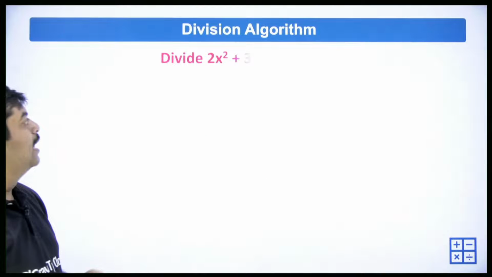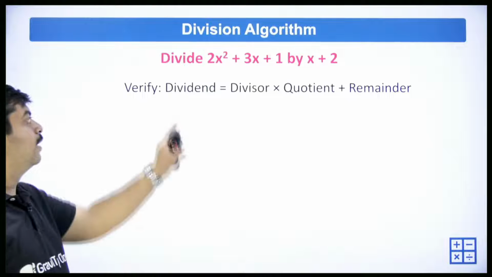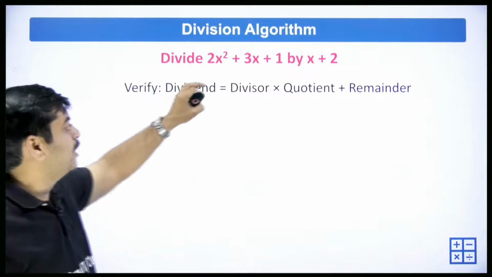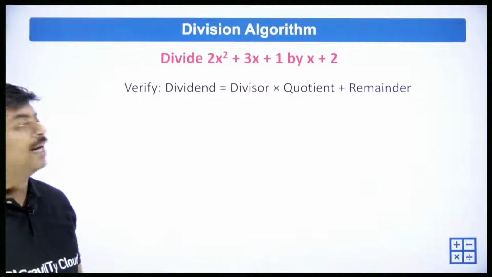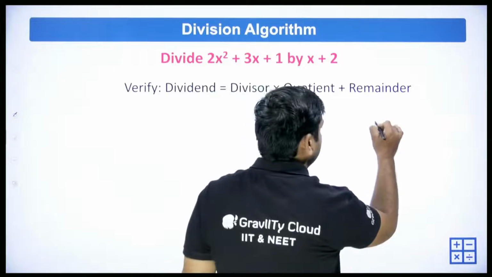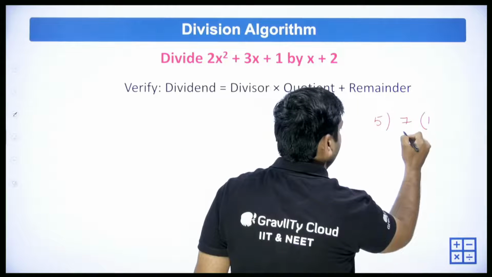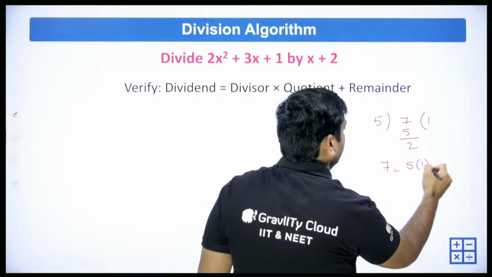Okay, so once again, let's try to verify this one, where dividend is equal to divisor into quotient plus remainder. What is dividend? What is divisor? What is quotient? What is remainder? Take the same example we discussed, 7 divided by 5: 5 ones are 5 and 2. I wrote 7 is equal to 5 into 1 plus 2.